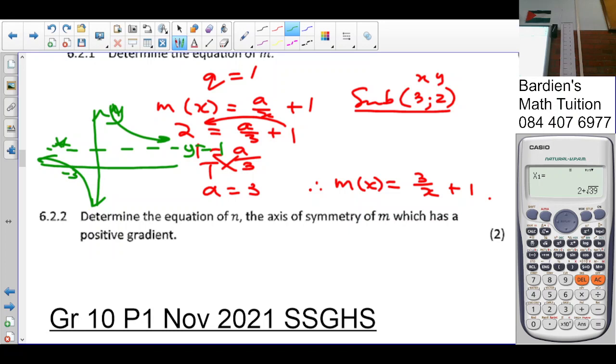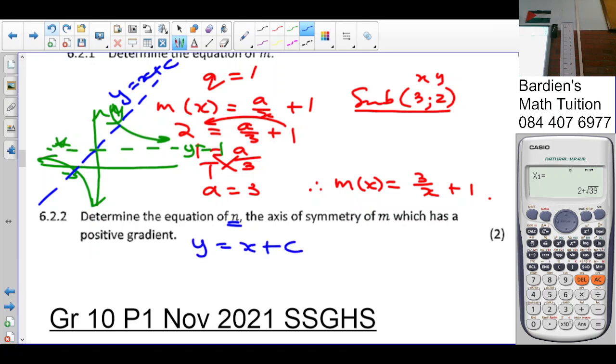So the question that we're referring to here is determine the equation of n of x, the axis of symmetry of m which has a positive gradient. So that is the gradient that's going through here, and the axis of symmetry that's going through here. So this is going to be y is equal to x plus c.